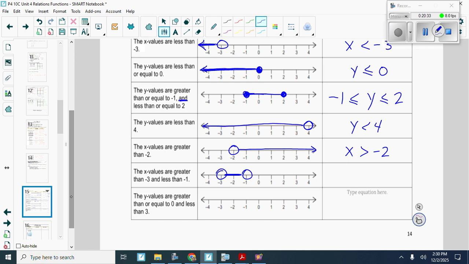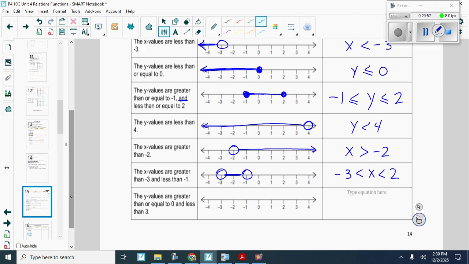And then we write the least value first. So the least value is our -3. And what symbol are we using? X.